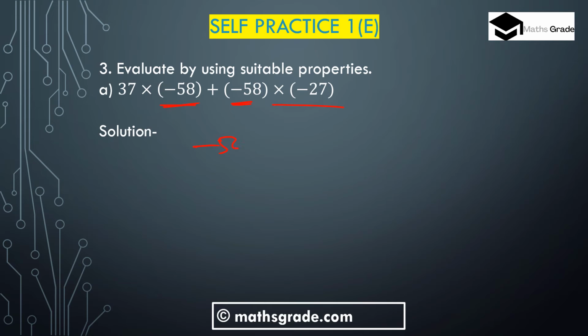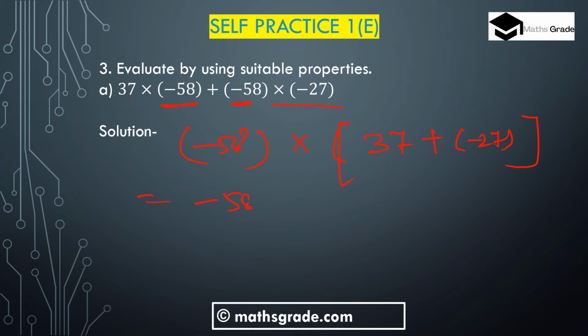Taking minus 58 as the common factor, we get minus 58 multiplied by 37 plus minus 27.